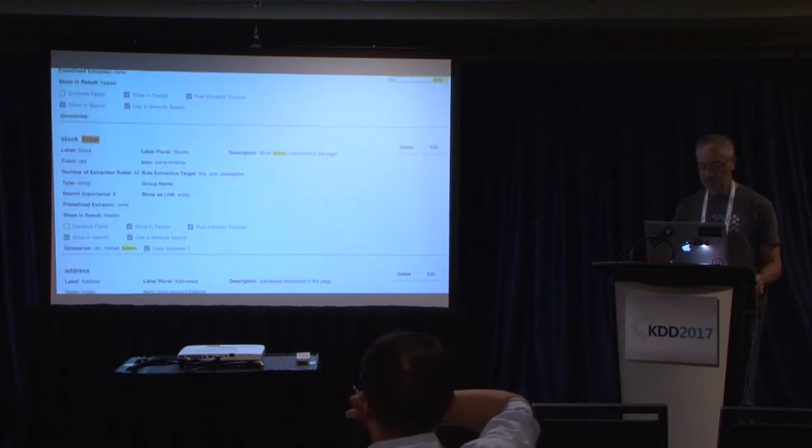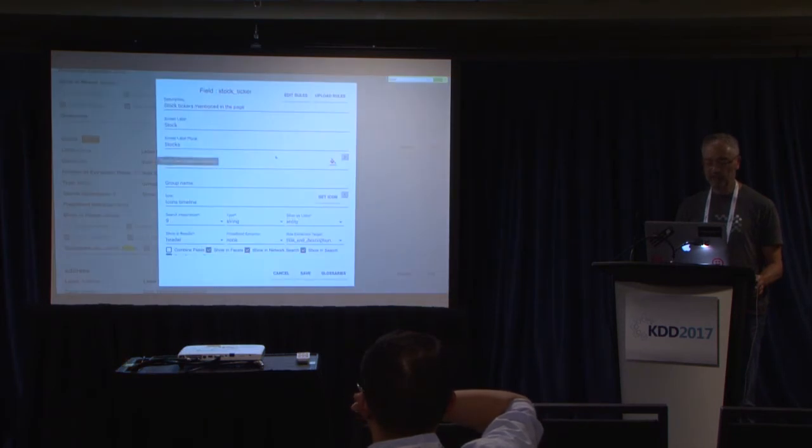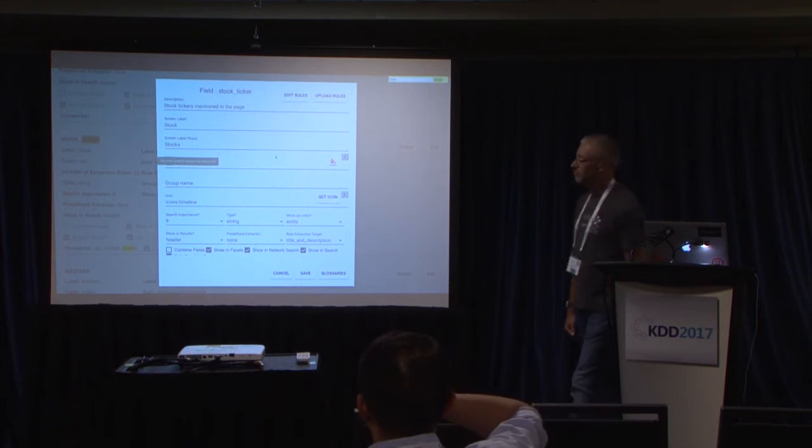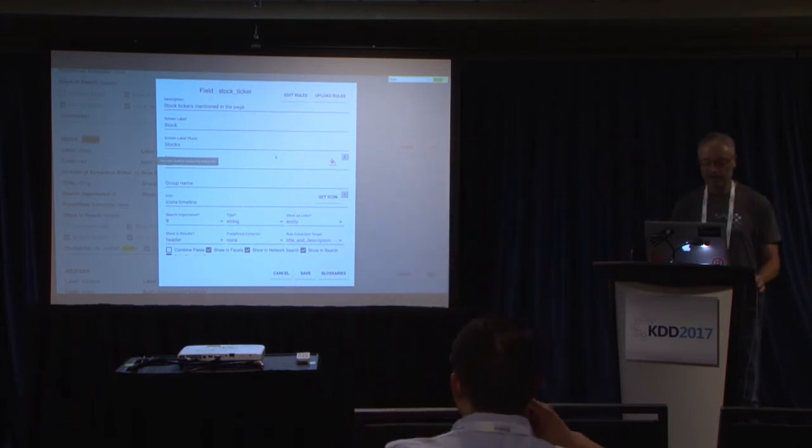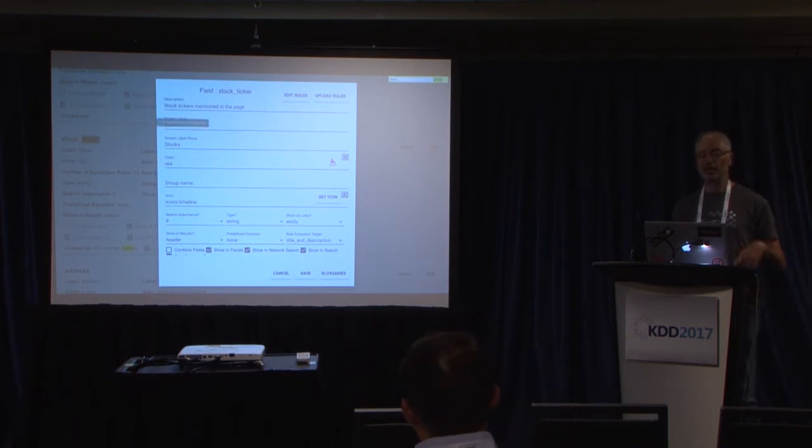And I'm going to edit it so you can see what you can say. So you give them a name, you give them labels, you can give them colors and icons, so that it looks nice on the screen.